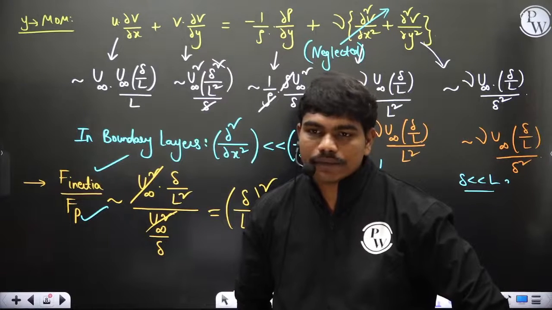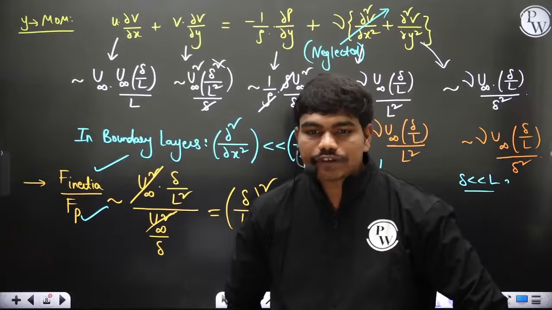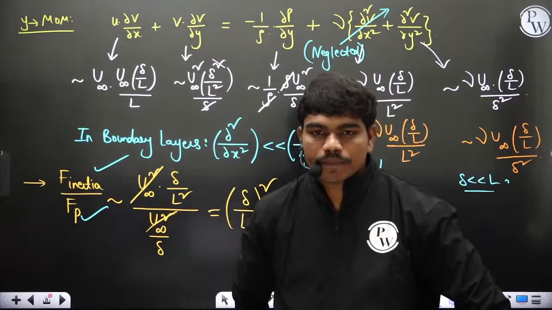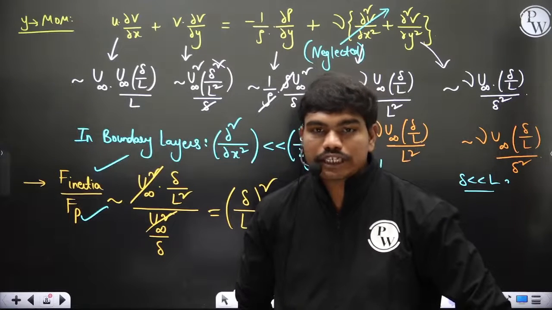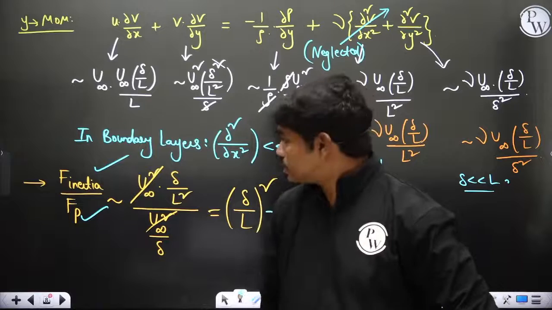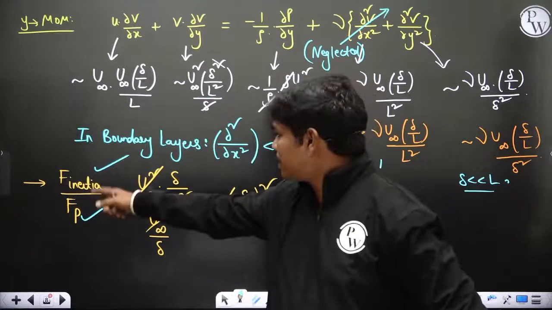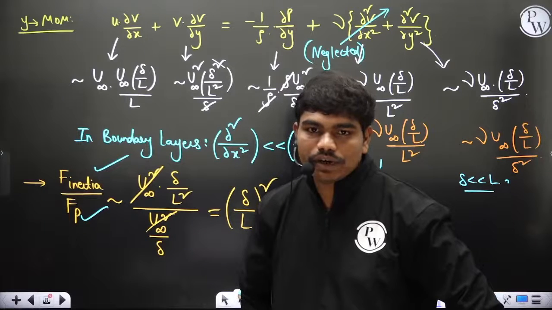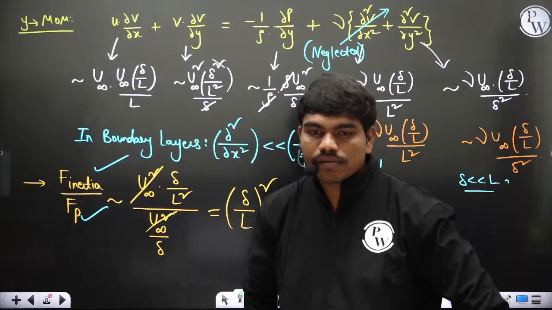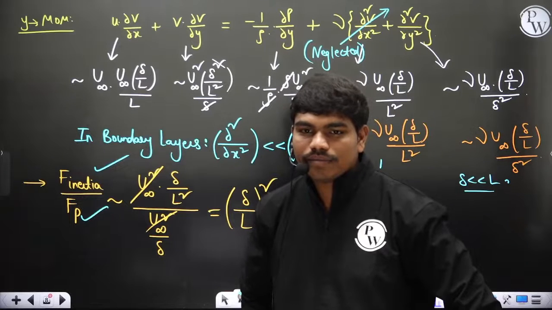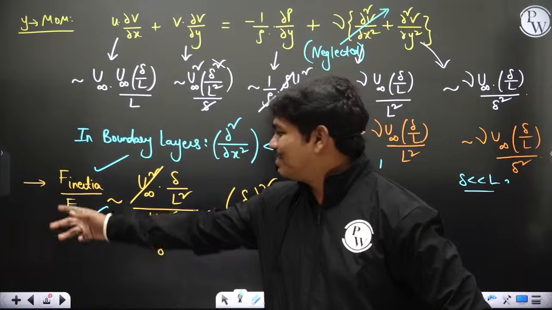So which forces can I eliminate from that equation? Inertia forces or pressure forces? Pressure forces we can eliminate, correct? Inertia by pressure is 0, no? So what is the meaning of that? What is the meaning of this here?